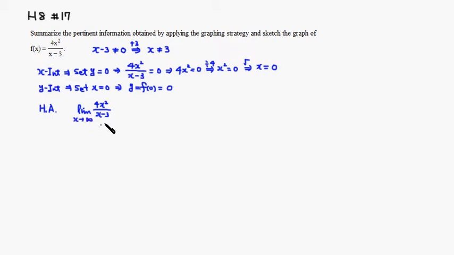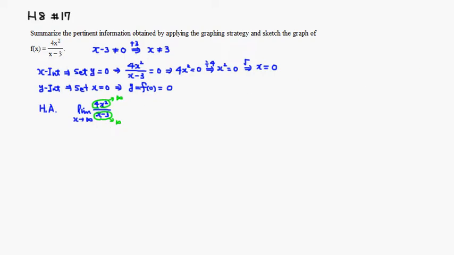Then we want to evaluate this. You can see that the top goes to infinity. The numerator goes to infinity as x approaches infinity, and the denominator also approaches infinity.